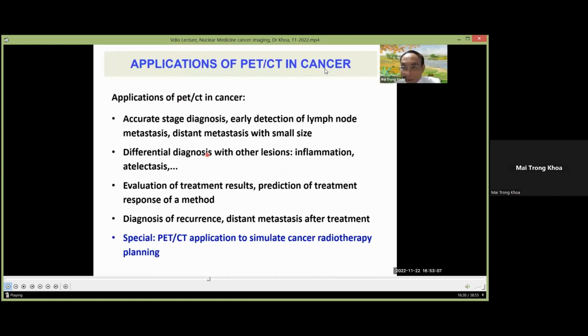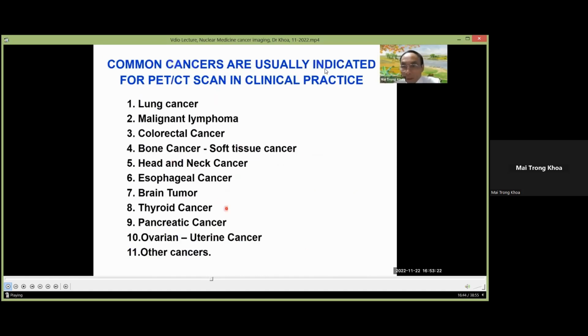There are many applications of PET in oncology, including the application of PET to simulation and radiation therapy planning. And we can indicate PET for many types of cancer. You can see here.